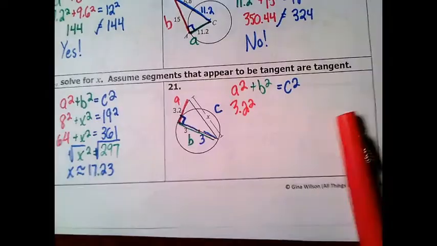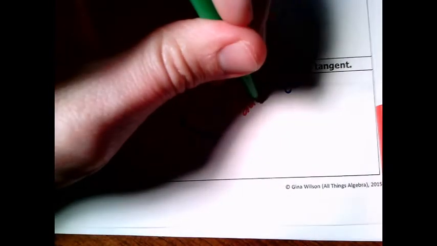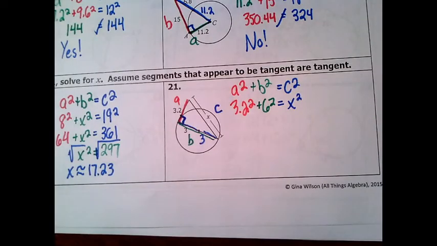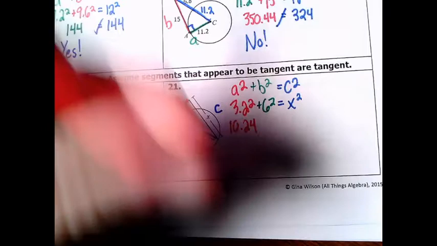A is 3.2 squared plus 6 squared. Does that equal X squared? So when I square these and add these, 3.2 squared is 10.24. 6 squared is 36.